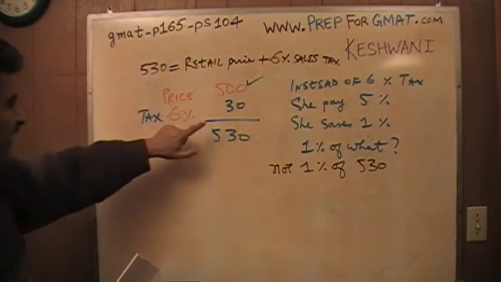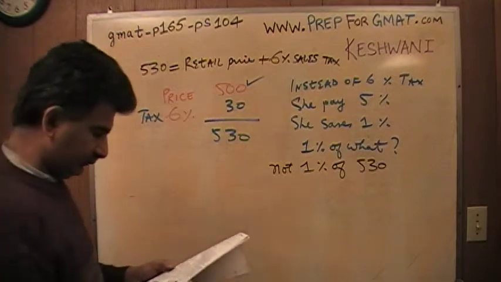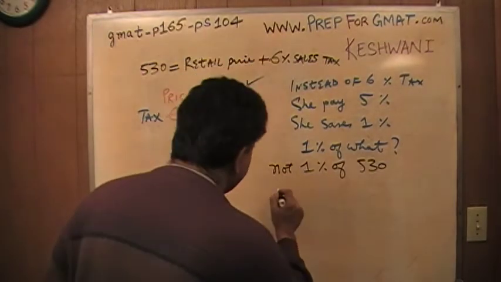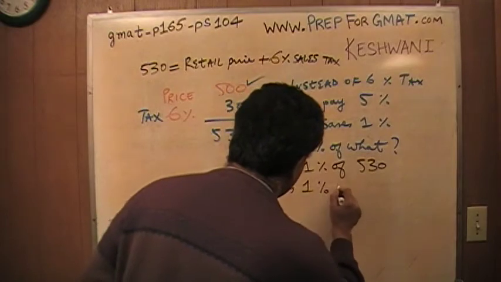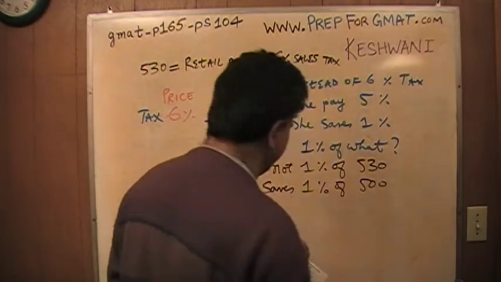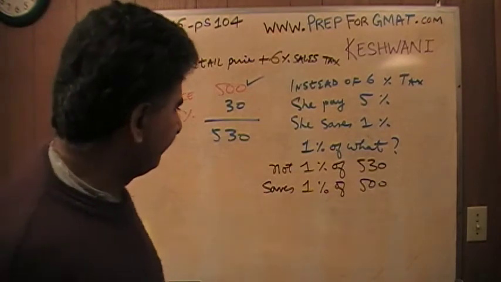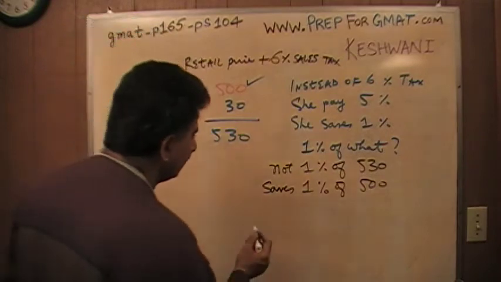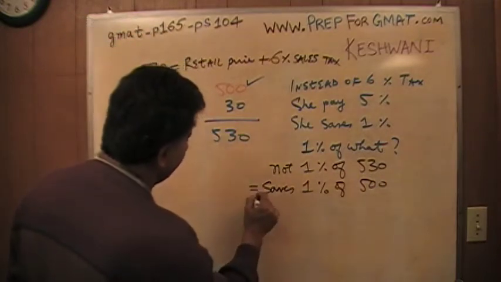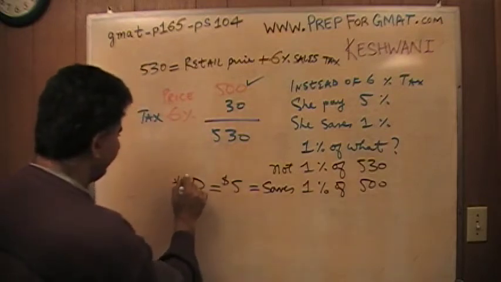The retail price is 500. So she saves 1% of 500, not 530. She saves $5. That's all it is. The answer is D.